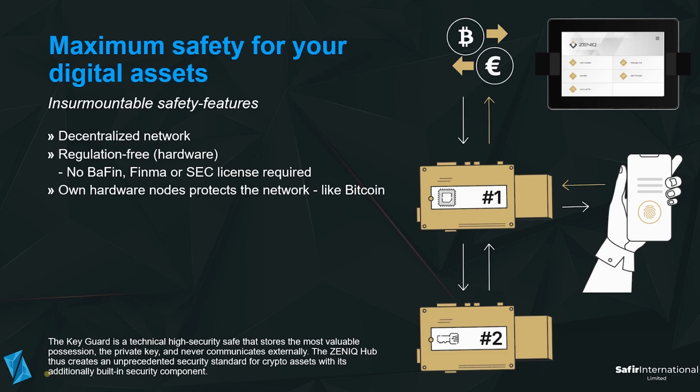So you can say the network is as safe as the Bitcoin network. So, and as these two chips are separated from each other and chip number 2 is not connected to the internet, this device is no specific target for cybercrime.